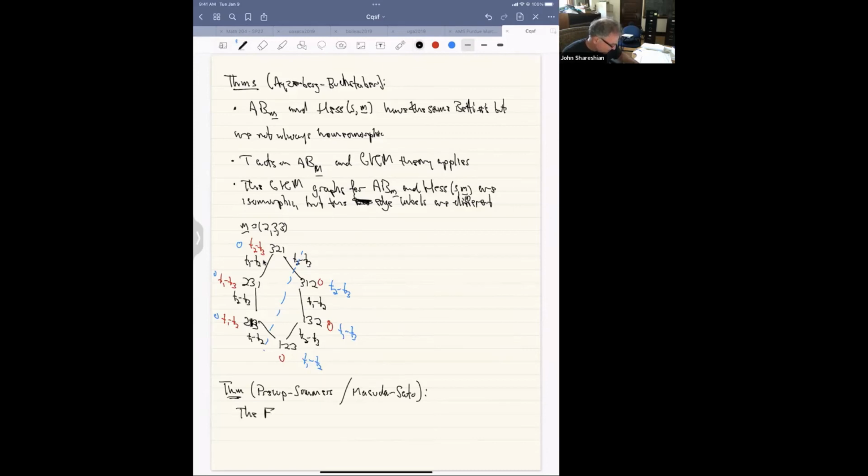The Frobenius characteristic for the dot action, I'll keep calling this the dot action, on H star, the cohomology of this Eisenberg-Buchstaber manifold, is nothing but the LLT polynomial.